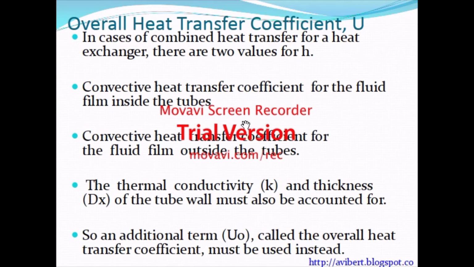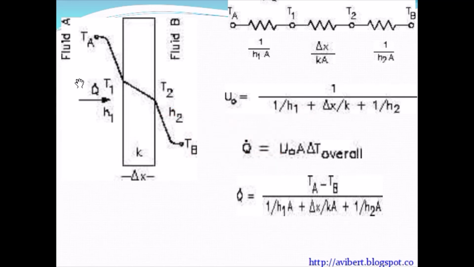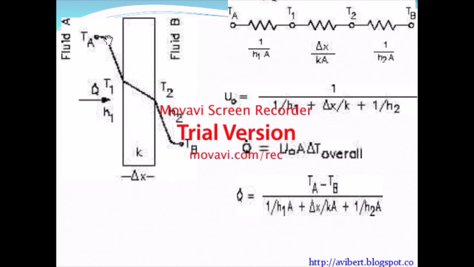So how do we calculate? You can see here, we can consider this as a fin, or I think it is better to consider it as the wall of the tube. So inside is T1, considered as the inside of the tube, and T2 is the outside of the tube.